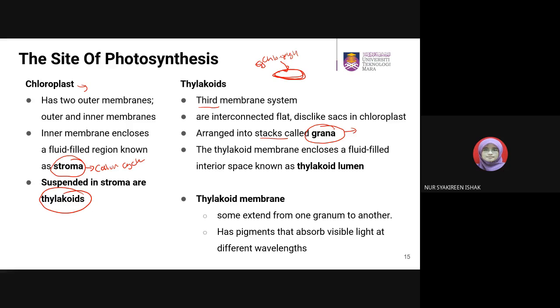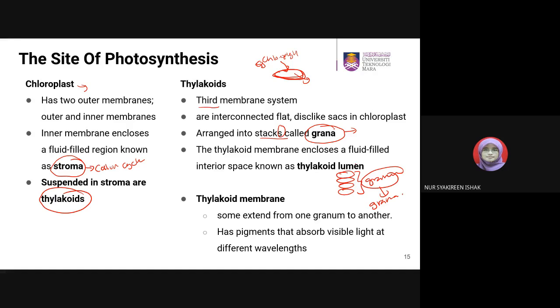Grana banyak-banyak stack. Kalau satu stack kita panggil dia sebagai granum. Okay, satu stack of thylakoids is granum. Okay, so banyak-banyak granum, then it is referred to as grana. Okay, 4 stacks. Okay, so inside the thylakoids, you have the thylakoid lumens.